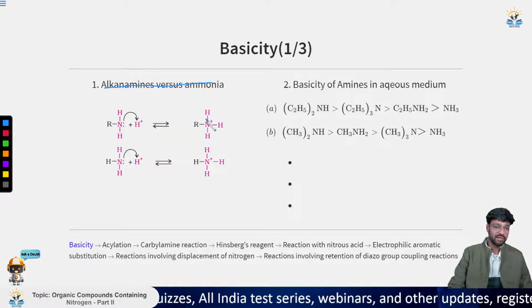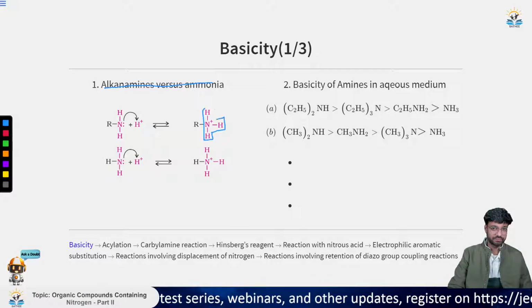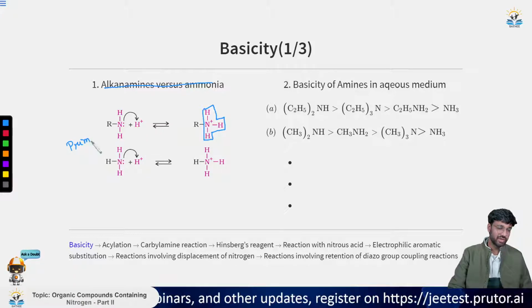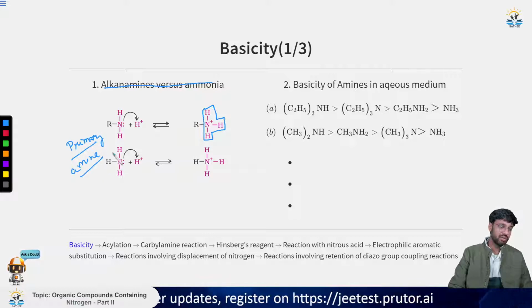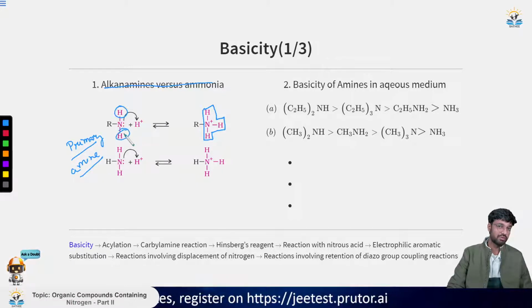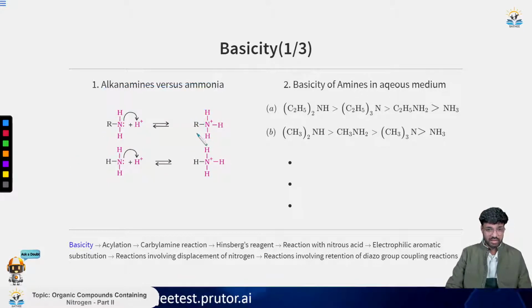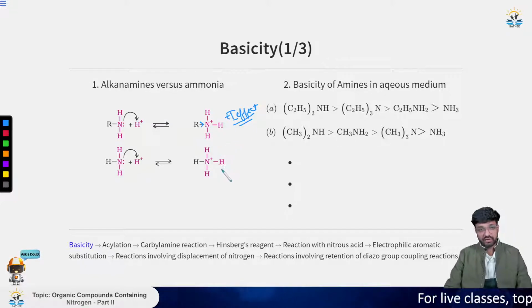Now look at the stability of these intermediates. In one, all three substituents are hydrogens. Here we are taking a primary amine, because the nitrogen is attached to only one alkyl group and the other two are hydrogens. You can see very clearly that this R group is present here, which shows a plus I effect, or positive inductive effect.